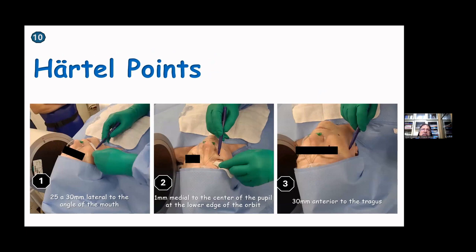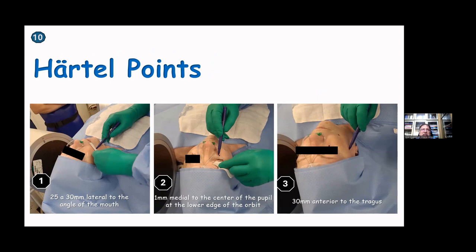Access to the trigeminal ganglion was described more than a century ago by Hartel with three anatomic points. The first, which defines the insertion site of the cannula, is a lateral distance from the angle of the mouth between 25 and 30 millimeters.